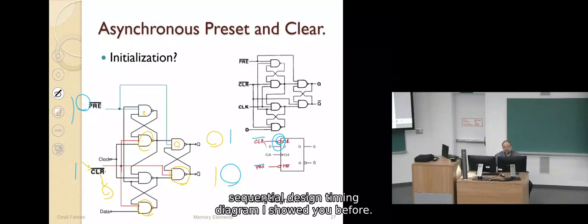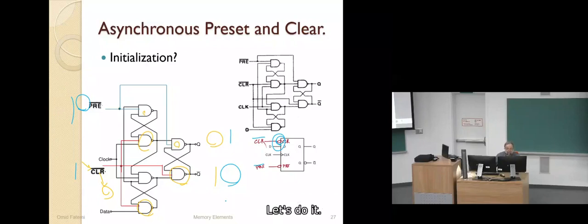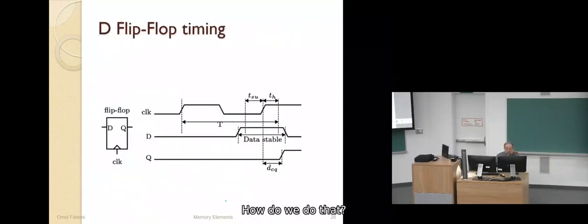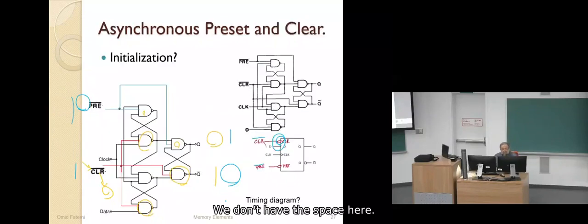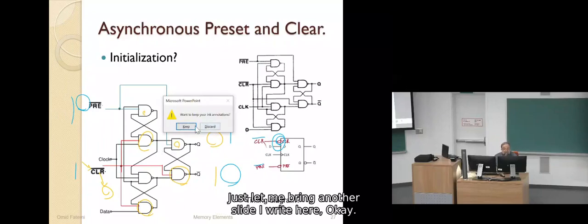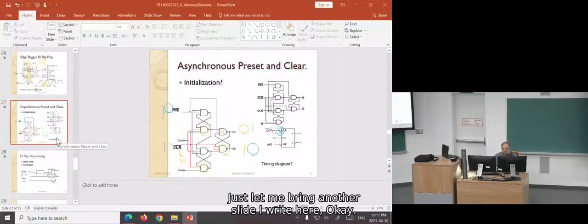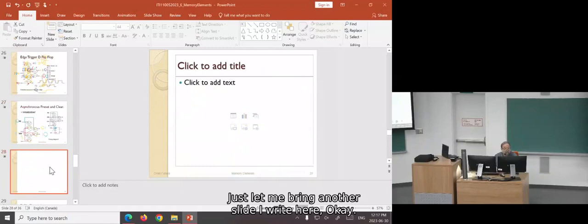And the timing diagram I showed you before: when there is a clock edge, the data goes through. If there is not, it doesn't. I can write the timing diagram with preset and clear also. So let's do it. How do we do that? We don't have space here. Just let me bring another slide so I can write here.